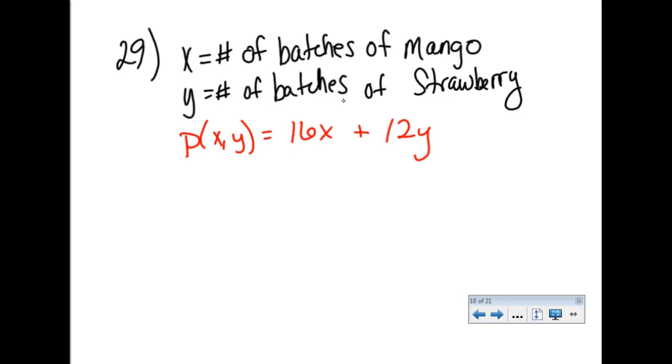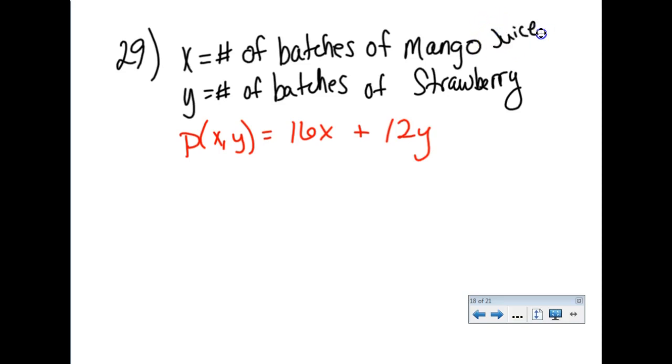Then they start giving you some constraints. So it says it uses, oh, you know what? Back up. Mango juice. This is a little confusing because they're making specialty drinks at an Orange Julius style place. Okay.